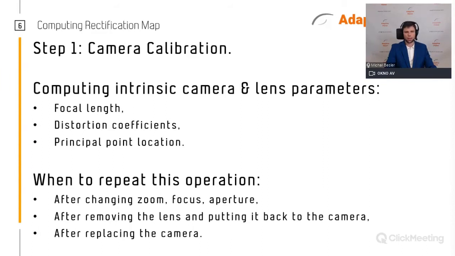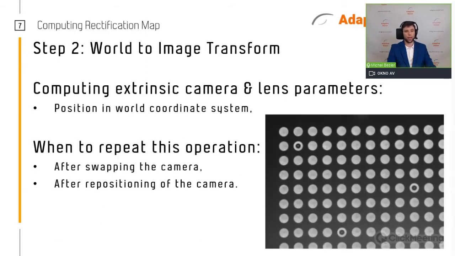Okay, once the camera is calibrated and the distortion of our lens is known, let's move to the world to image transform. During this step, we are computing the extrinsic camera and lens parameters. So we are modeling the position of our setup or of our camera in the world coordinate system.